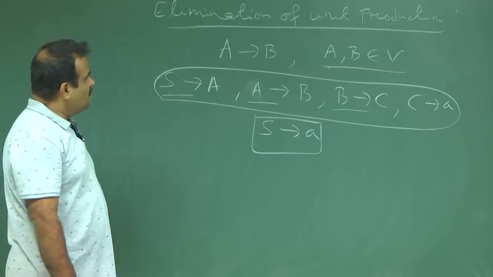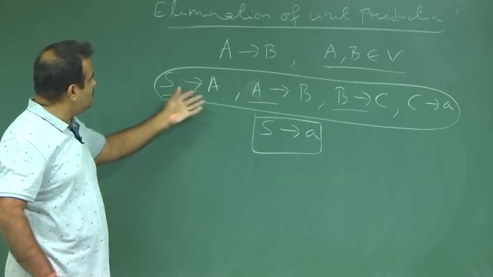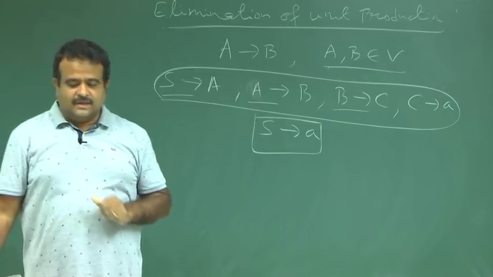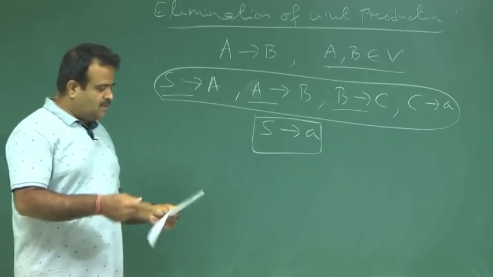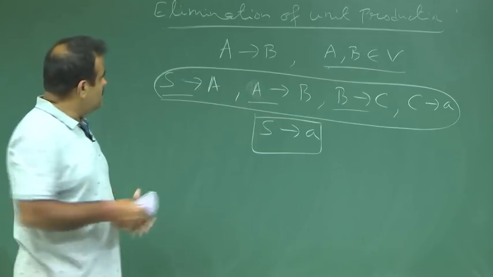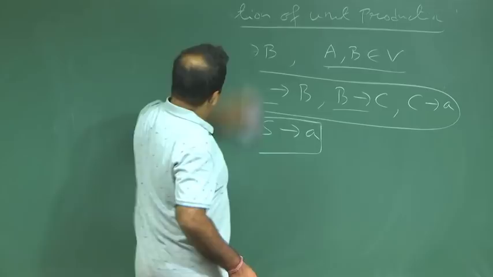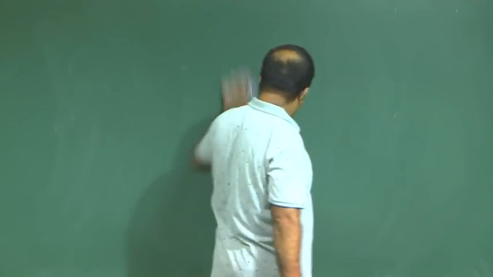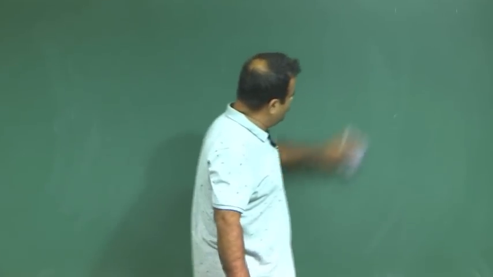So, we are eliminating all the unit productions and it will eventually give us the same grammar, but formally we will define how we can do that. So, we are going to remove all the unit productions, because we want to reduce the grammar.